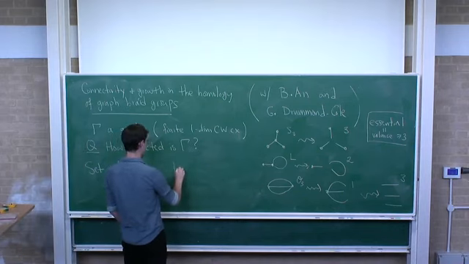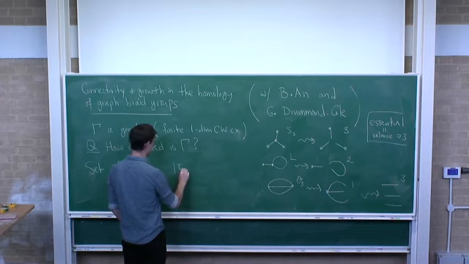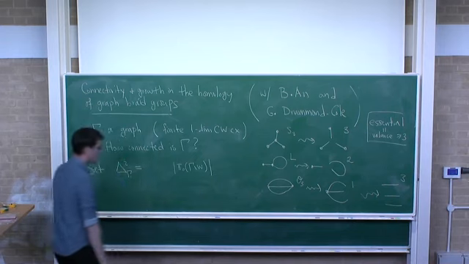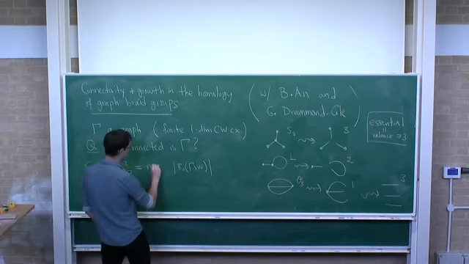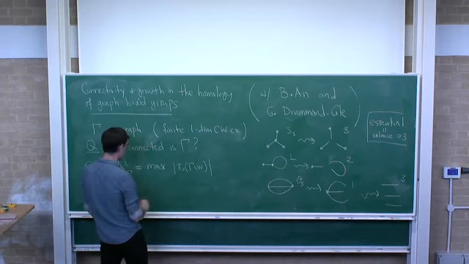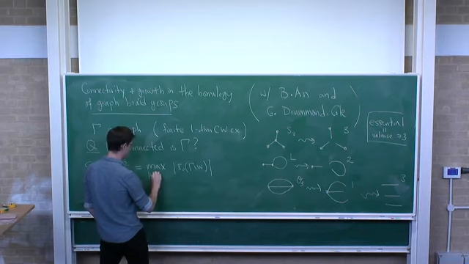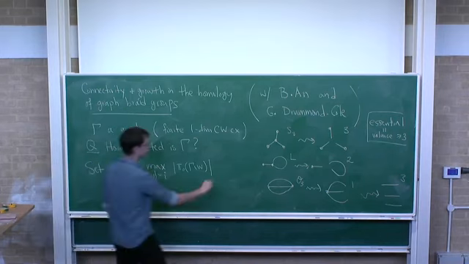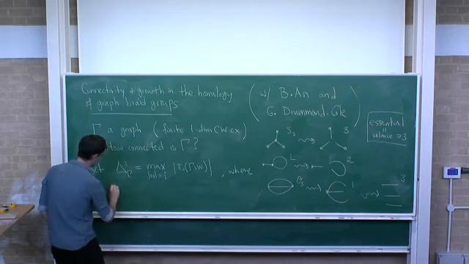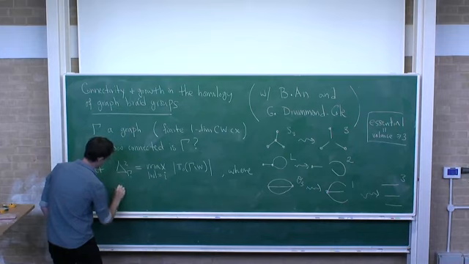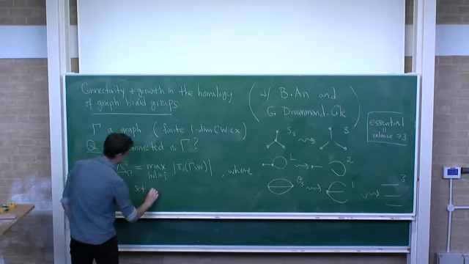So it's the size of pi 0 of the complement of a set of vertices in gamma, and it's the largest such that you get by removing a set of i many essential vertices, W the set of essential vertices.